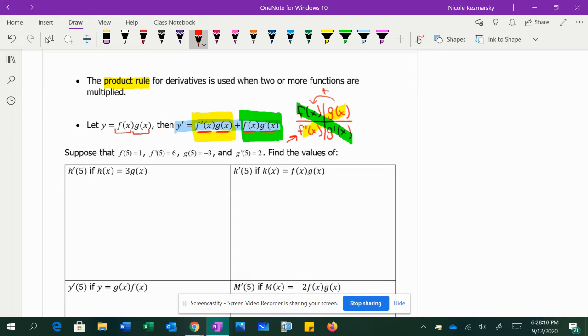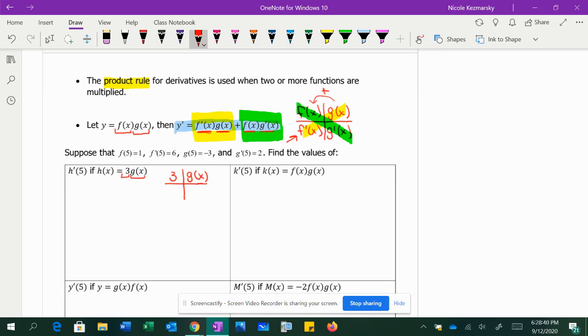Okay? So for the first example, this you'll recognize as one of the problems that we did on the page before. And I said there were two ways to do this. I'm going to look at this as if it is the product rule because I have a 3 times g of x. So I'm going to set up this box and I'm going to put the 3 in the upper left, g of x in the upper right.